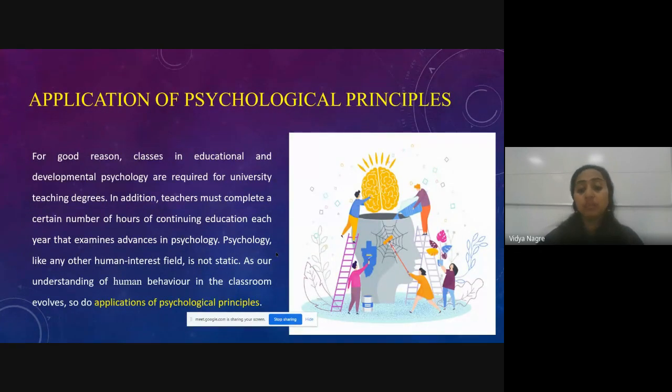Application of psychological principles. For good reason, classes in educational and developmental psychology are required for university and teacher's degrees. So, as a teacher, it is your duty and a need that you must take some basic classes in understanding learner psychology. If you are really good at it, only then can you do experiments and apply proper methods in the classroom.